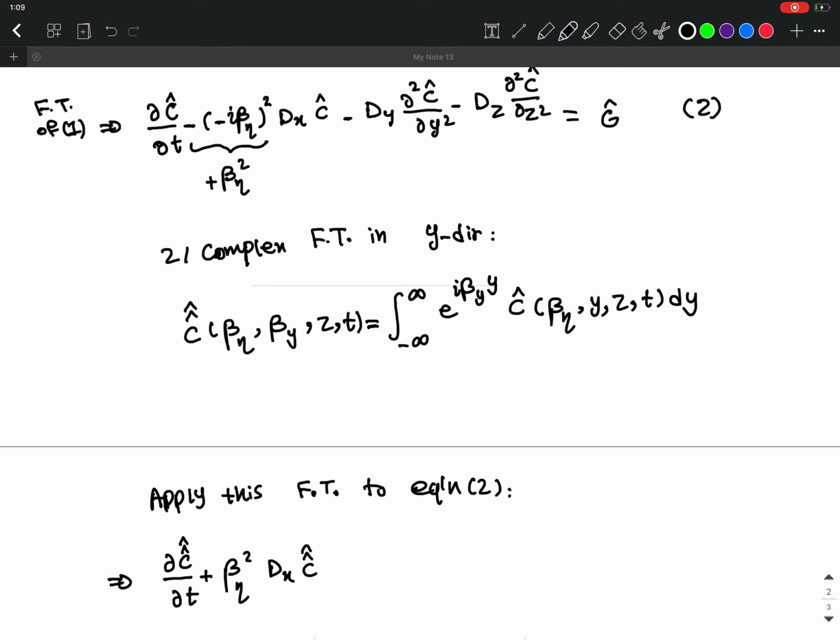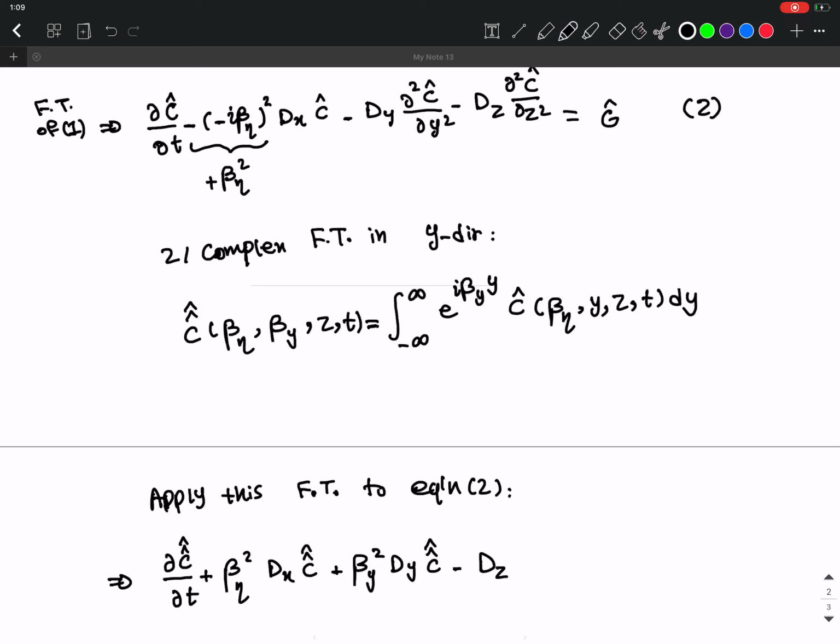And then the second term is going to be similar to this one. So I'm going to have plus beta y square dy c double hat. And the third term, we're still going to have that, because this is not a function of y.